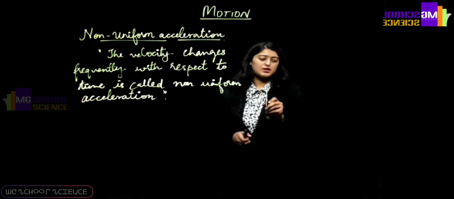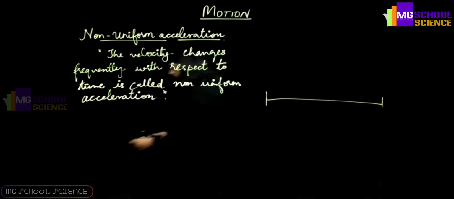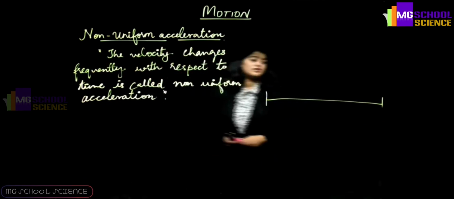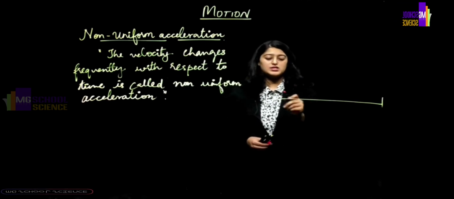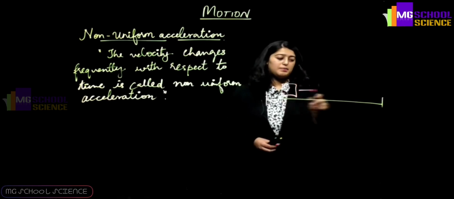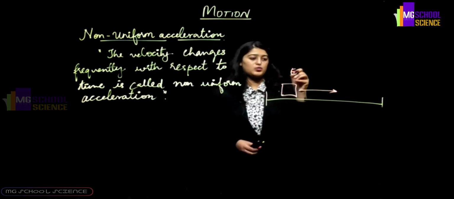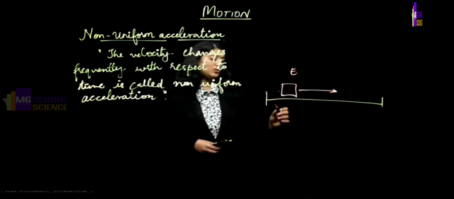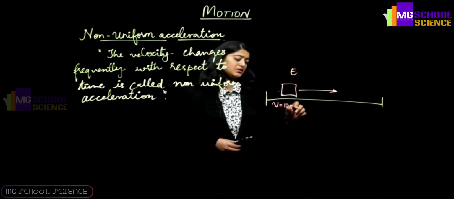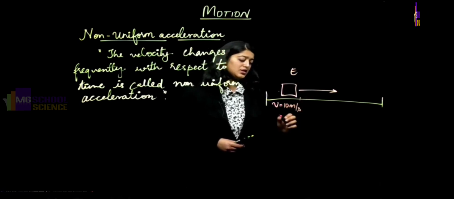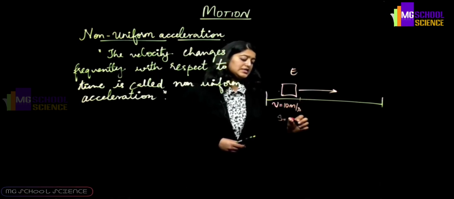For example, let us imagine that this is a plane and a vehicle is traveling from this place towards the east, and it has a velocity of 10 meters per second for the first 5 seconds.